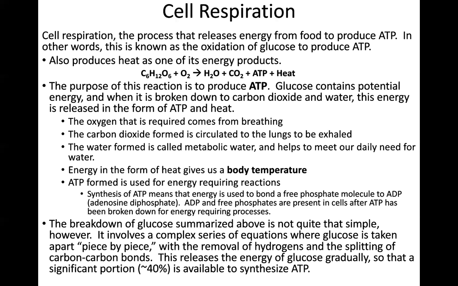We talked about pumping stuff against its concentration gradient from low to high, like in the case of the sodium potassium pump. Other examples are just moving stuff around inside our cells, moving chromosomes during mitosis. So ATP is needed for so many different things, and this is how we produce it.